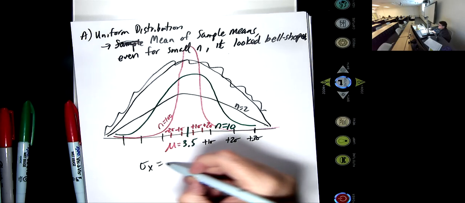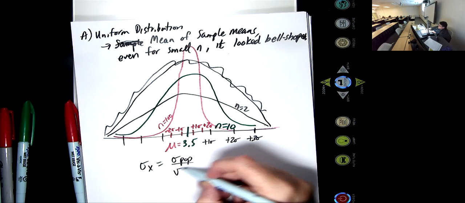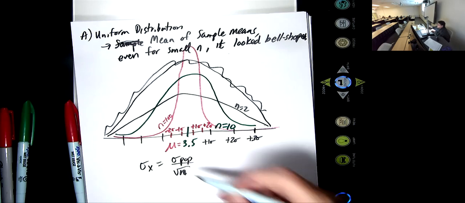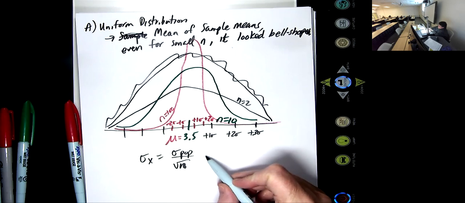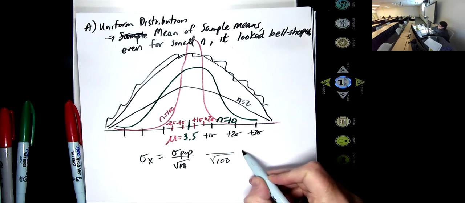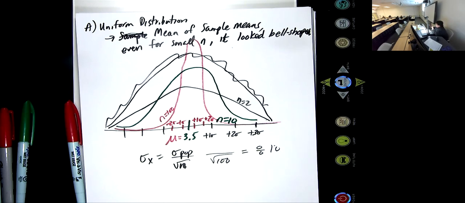The standard deviation of the sample means is the standard deviation of the main population divided by the square root of n. So dividing by the square root of 100 is effectively dividing by 10. That makes it a lot smaller, a lot narrower.